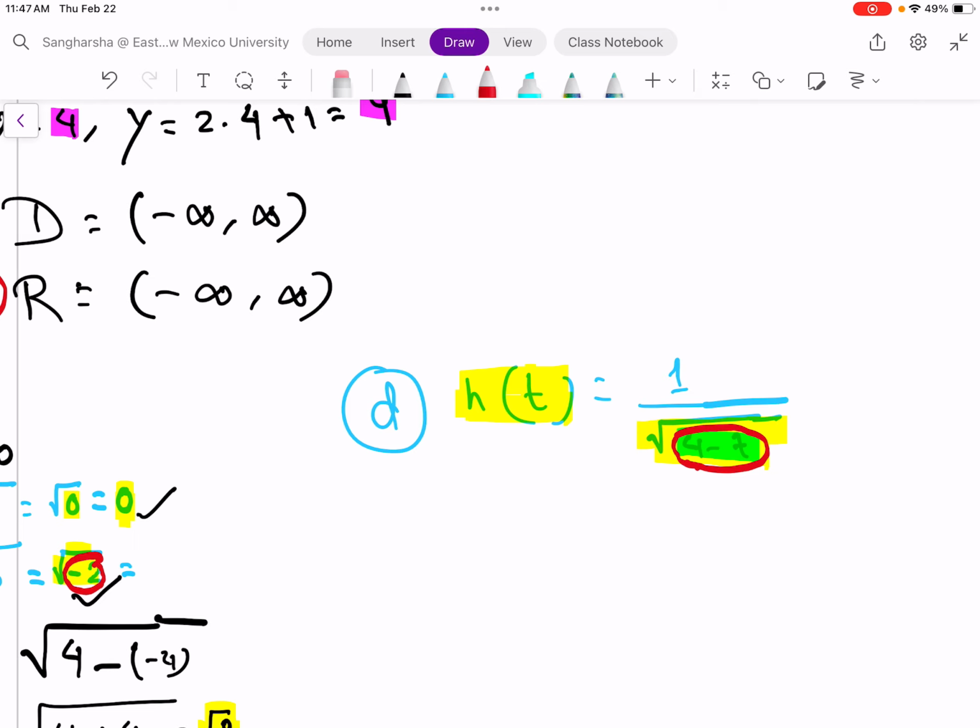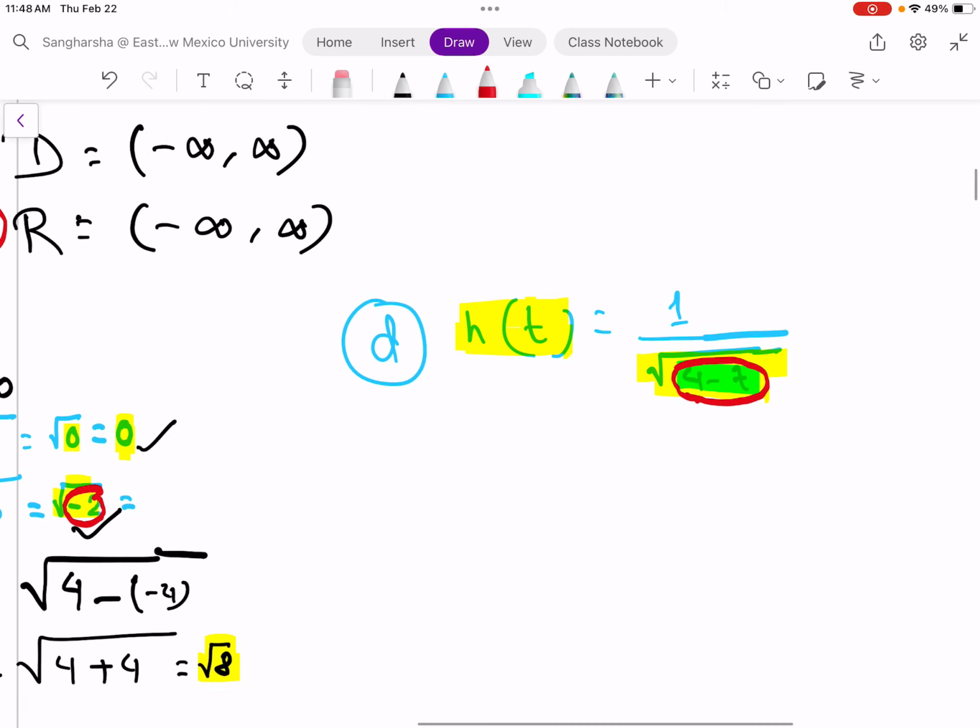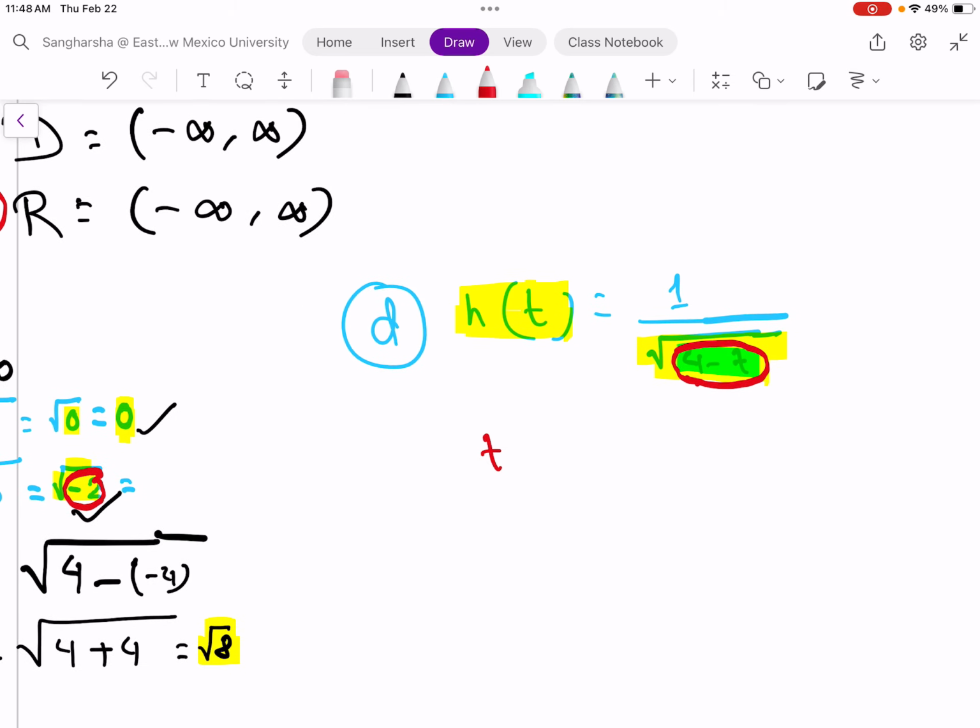Can we have 4 minus t equals 0? Then we have square root of 0, and 1 over square root of 0 is undefined. If t is 4, we have 1 over square root of 4 minus 4, which is 1 over 0. This is undefined. It means 4 is not in the domain.